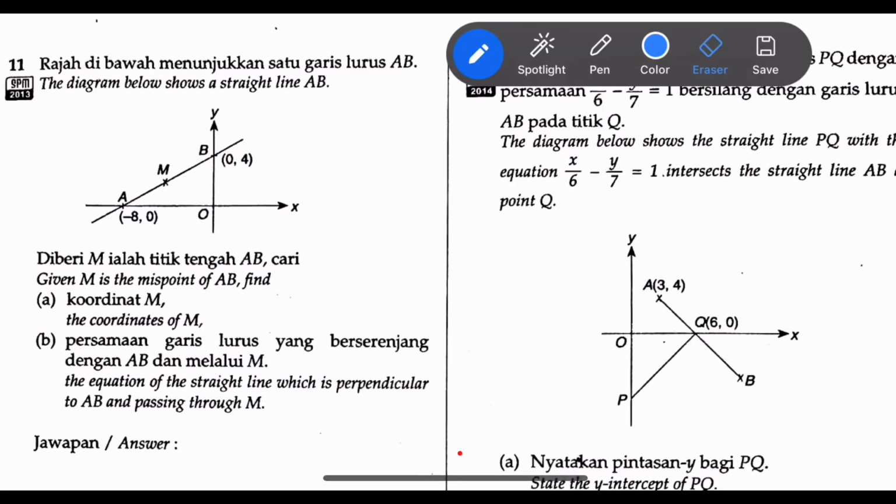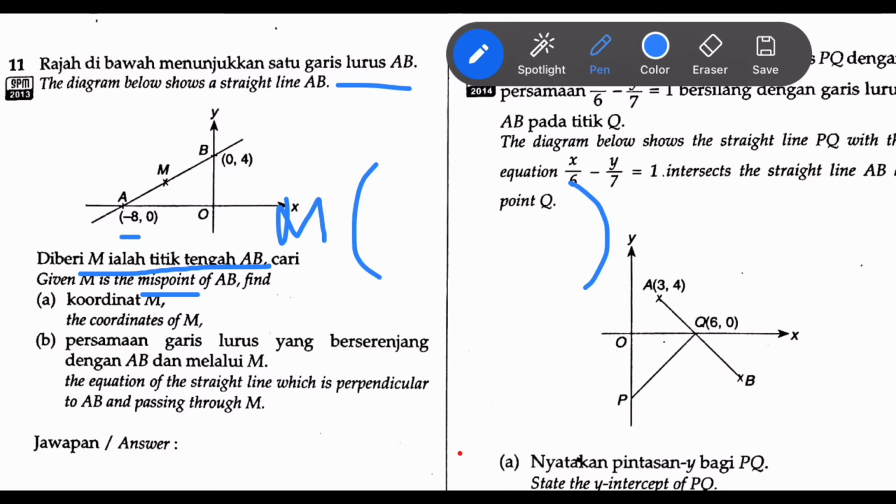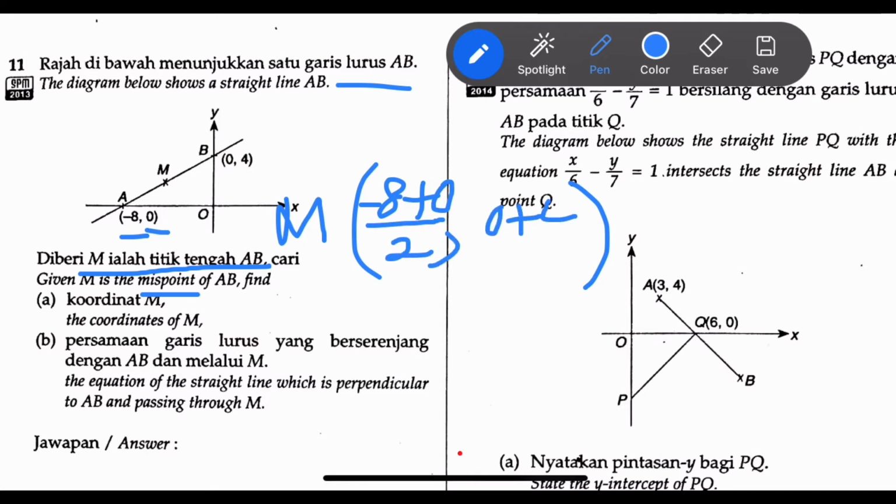So let's proceed to the next question. For this question, you are asked to find the midpoint for the line AB. In order to find the midpoint, we take x1 plus x2 divided by 2 and y1 plus y2 divided by 2. According to the question, x1 is negative 8, x2 is 0, divided by 2, and y1 is 0, y2 is 4, divided by 2.